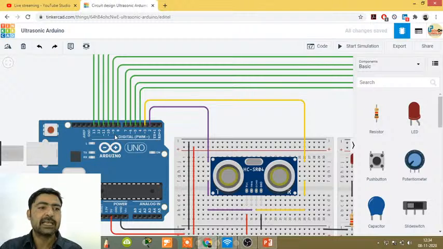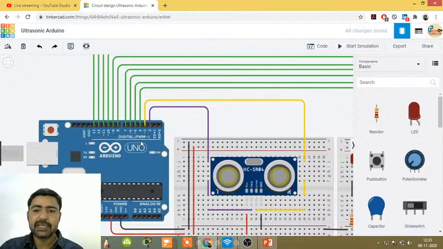Please mark this: in Arduino Uno, pin numbers 3, 5, 6, 9, 10 and 11 can be used as analog output. That's why this mark is there in front of all these pins.